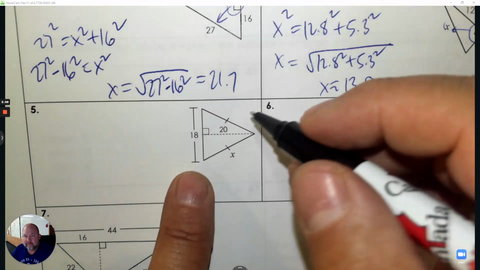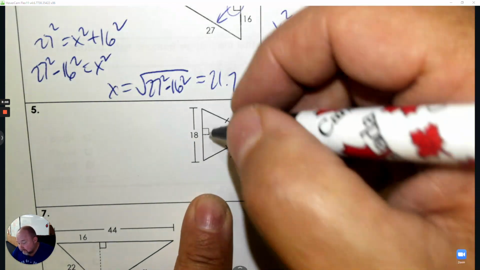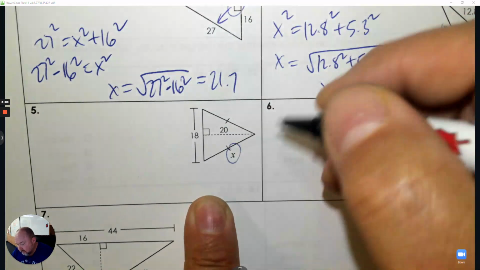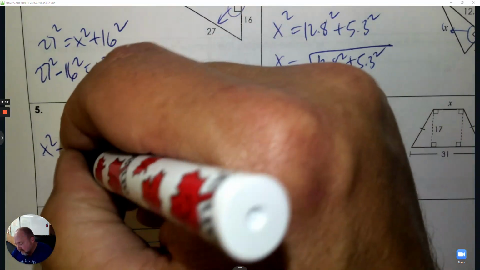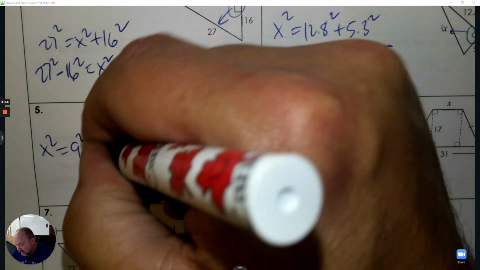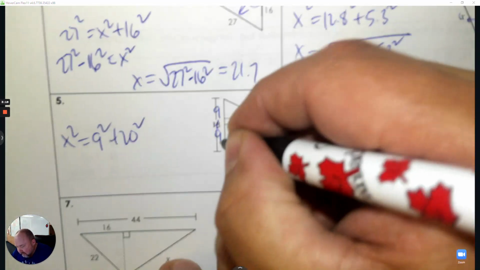Okay, in number 5, we have a right triangle and a right triangle making a full one. So anyways, half of this is 9, so that's what I'm going to use. So if I want to solve for x, that's the hypotenuse. Half of 18, that's 9. And the height of it is 20, and that's what I'm going to solve for. So again, this is 9 and this is 9.